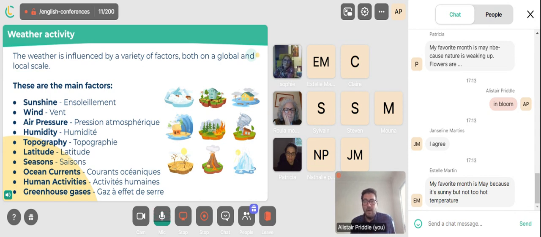Okay, so these are the main factors that influence the weather. Let's read through that list again. Sunshine, wind, air pressure, humidity, topography, latitude, seasons, ocean currents, human activities, greenhouse gases.